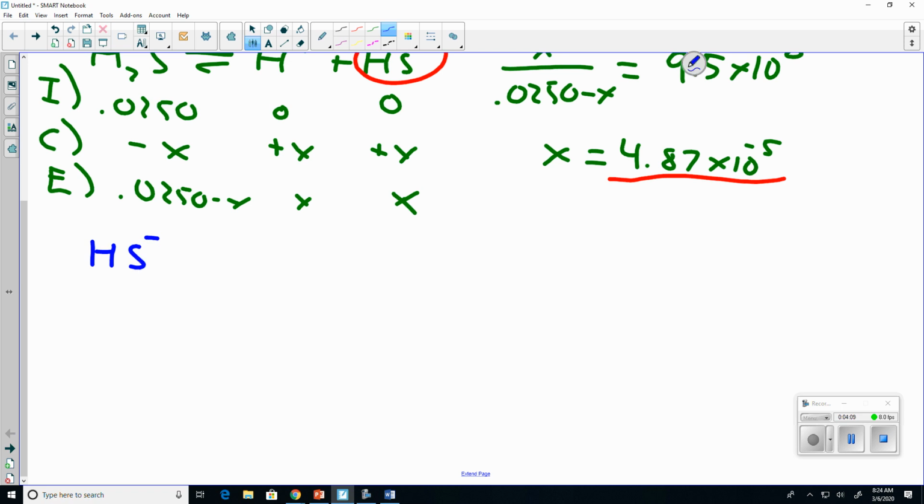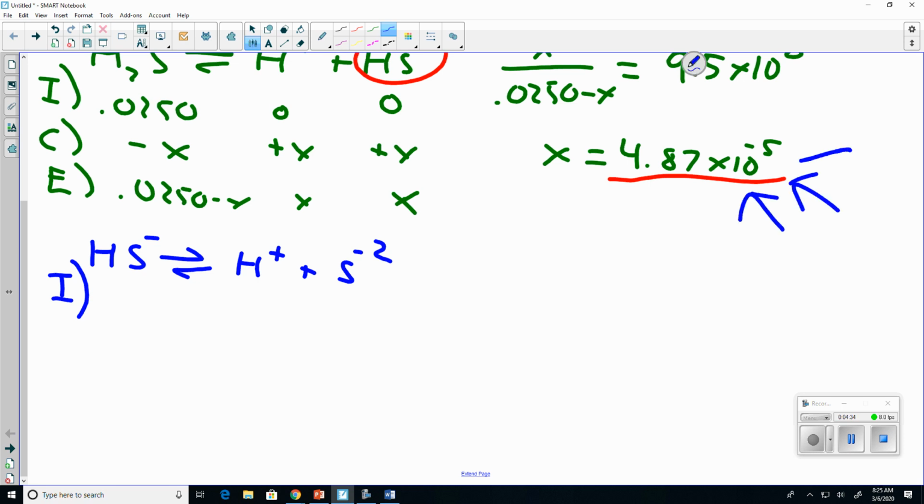Here's the second thing that could act as an acid. Initial concentration of HS minus. Well, if you recall, I solved for X a little while ago.